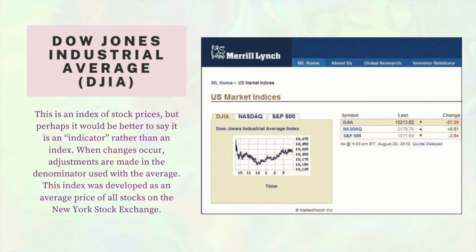This index was developed as an average price of all stocks on the New York Stock Exchange. You can find more information about the DJIA by going to the website www.dowjones.com and select the company, then select About Dow Jones, and finally under Enterprise Media Group, select Dow Jones Indexes.